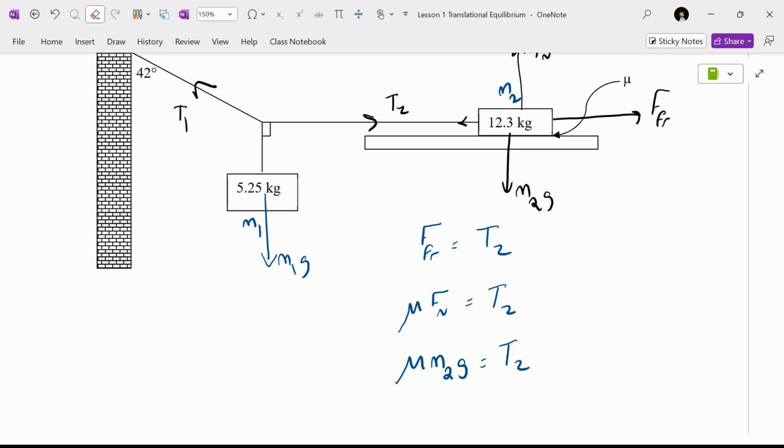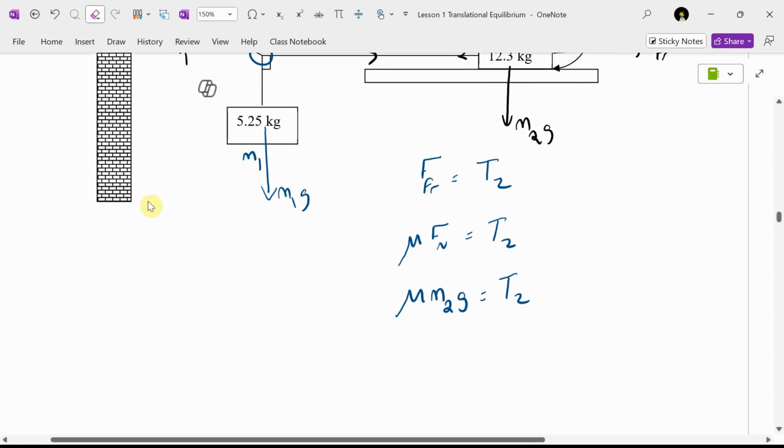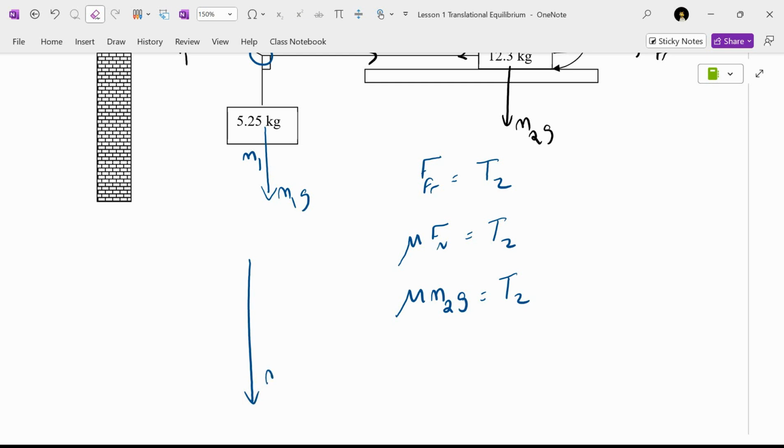So how am I going to figure out tension 2? Well, now I'm going to look at my free body diagram for right there. What are the forces acting on it? M1g, tension 2, tension 1. Is it accelerating? Nope. So that means I can draw a vector triangle. I'm going to draw the easiest one first, which is M1g.